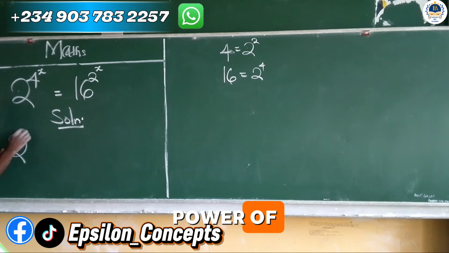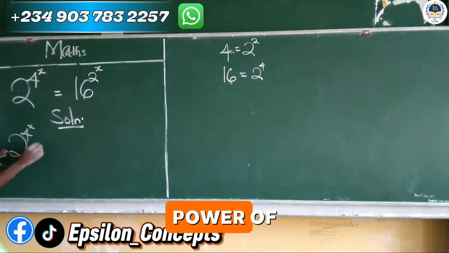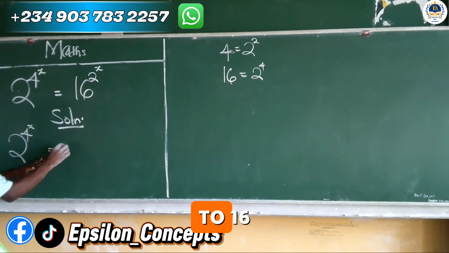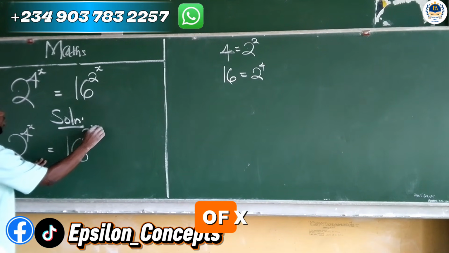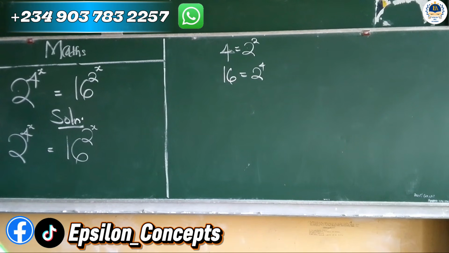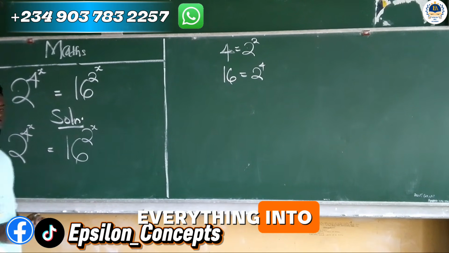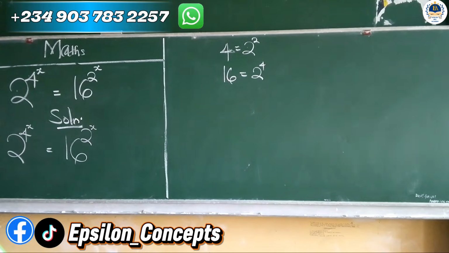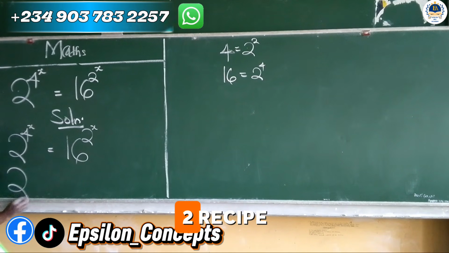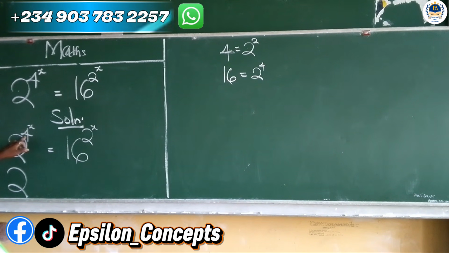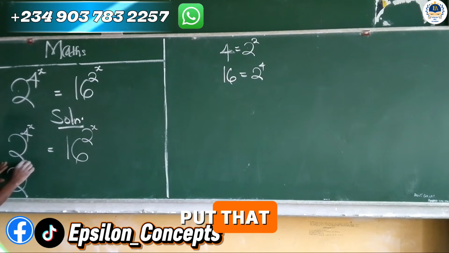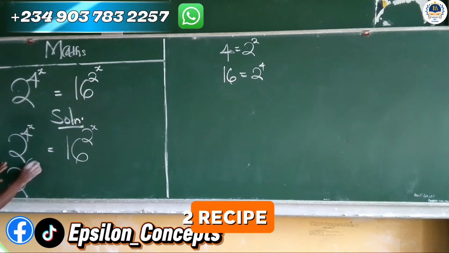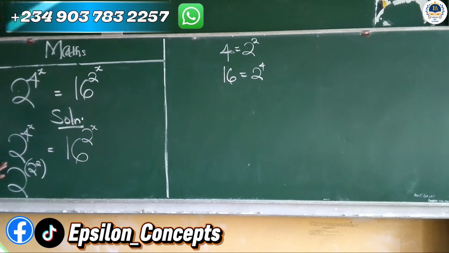2 raised to the power of 4, which is raised to the power of x, is equal to 16 raised to the power of 2, which is raised to the power of x. Now putting every term into the exponential form, we have 2 raised to the power of 4. 4 is the same as 2 raised to the power of 2, so I'll put that in a bracket: 2 raised to the power of 2, which is raised to the power of x.